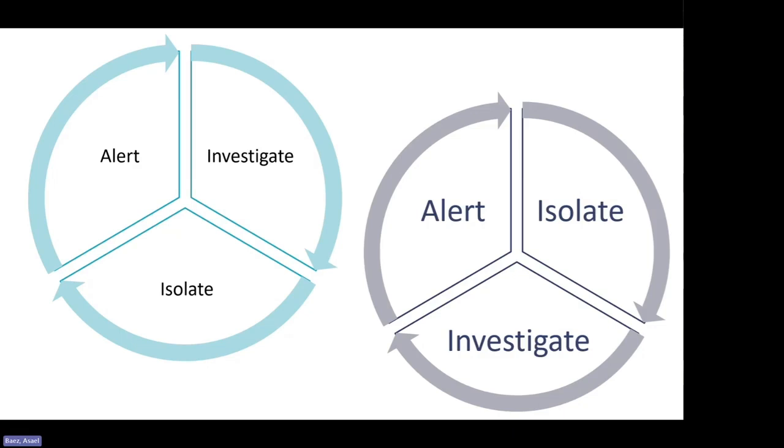I also want to mention that the auto isolation should only happen on devices with high or critical alerts, meaning we don't want to isolate medium alerts and we don't want to isolate low alerts. So isolate things where you have really high confidence in the alerts you're getting, in the sense that there is a 90% chance that this device has been compromised.